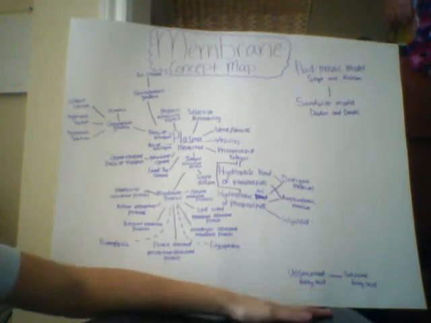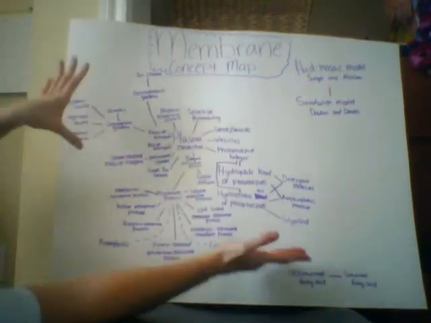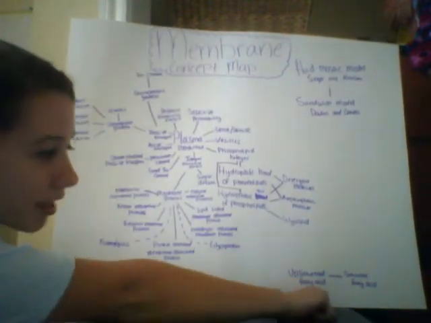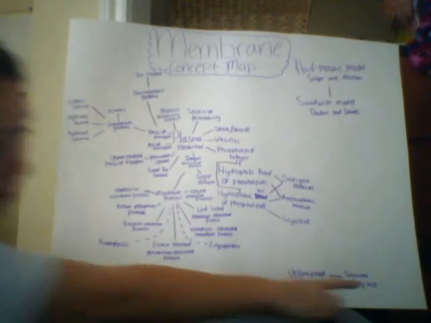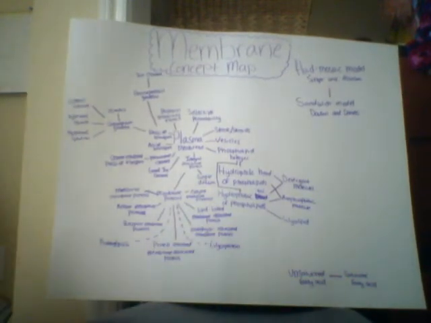And then I kind of went away from this main map, and I have unsaturated fatty acid and saturated fatty acid linked together, and they both have carbon chains. That's, I guess, their main similarity.